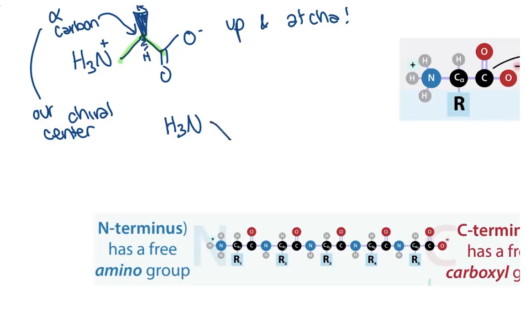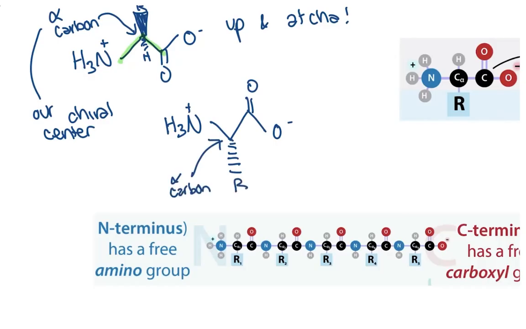Now, if we draw our amino acid like this, again, this is going to be our alpha carbon. And then we have our carbonyl carbon and part of the O minus. The R group is going to be sticking down and it's going to be sticking back. And so this is going to be our alpha carbon.